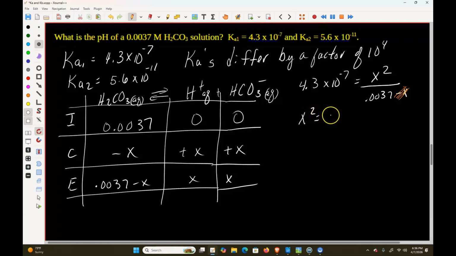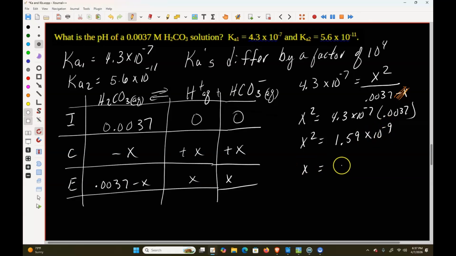So x squared is going to be equal to the product of those two numbers. So it'll be 4.3 times 10 to the negative 7 times 0.0037. So x squared is going to be equal to 1.59 times 10 to the negative 9.